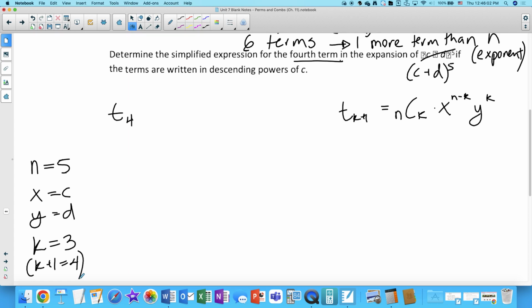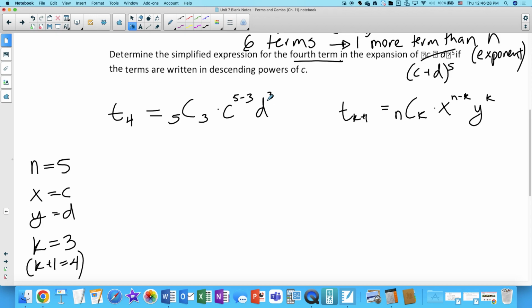Exactly. So that's the place where people sometimes make errors, because the k value is 1 less than the term number. Okay, so T4 is going to be n choose k. So 5 choose 3 times x to the n minus k, so c to the 5 minus 3, and then y to the k, d cubed.